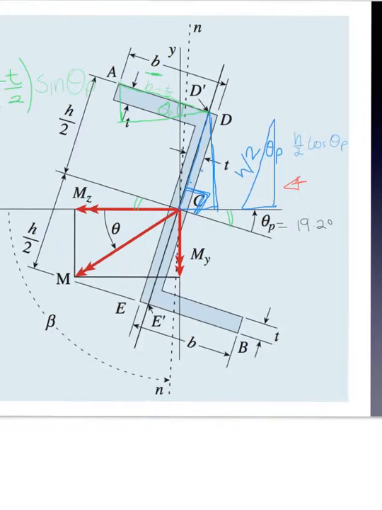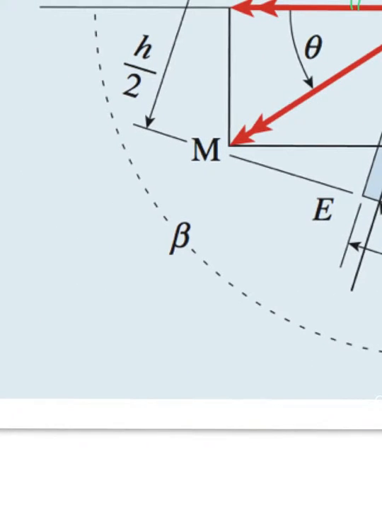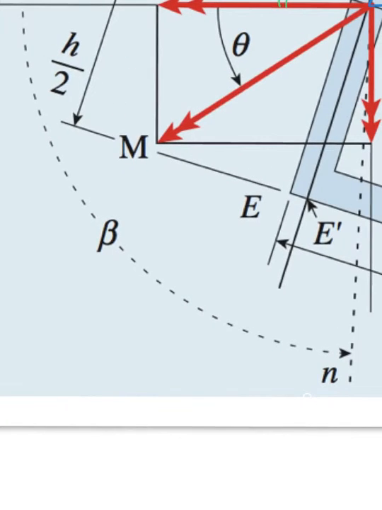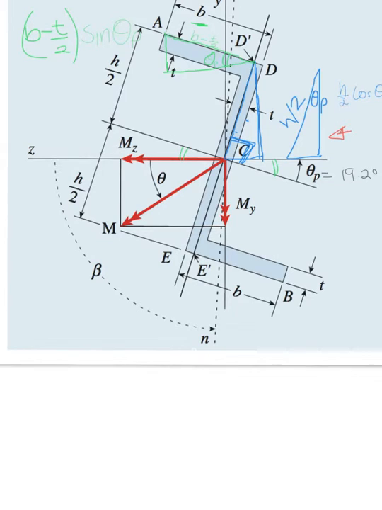Therefore, we'll say the y coordinate of A is equal to h over 2. Sorry. Let me just do this so that we get all on the same page.